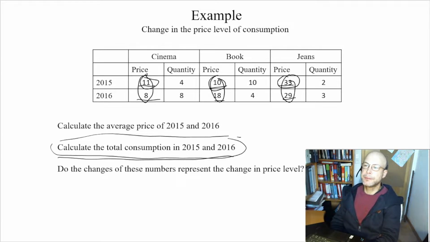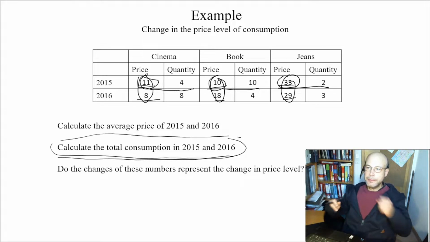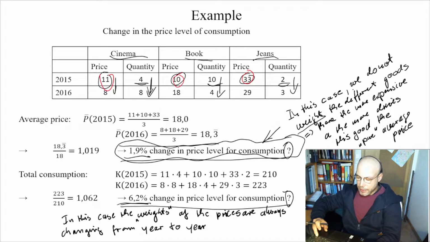Should this be our price level, or do we calculate in this example just total consumption by summing up 11 times 4, 10 times 10, and 33 times 2? Does this create our price level? And there we discussed that we just want to cancel out the price movement.